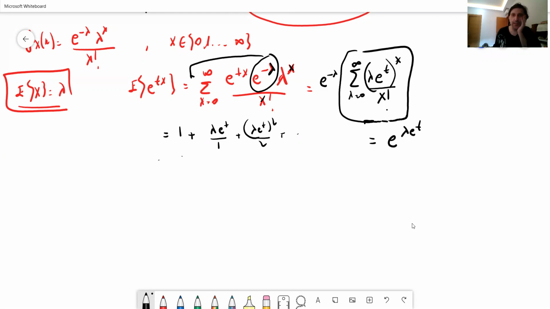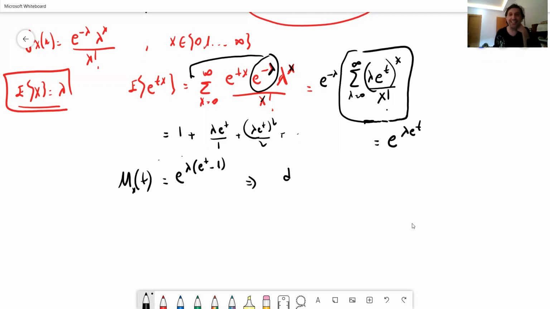When we multiply this term by the exponential minus lambda, we add the exponents, and it's going to be equal to, with lambda in common parentheses, exponential of lambda times exponential t minus 1. Therefore, this is going to be our moment generating function for the Poisson distributed random variable.